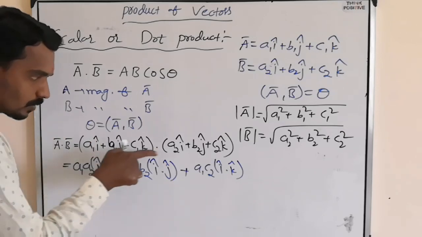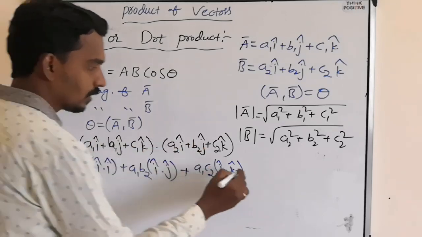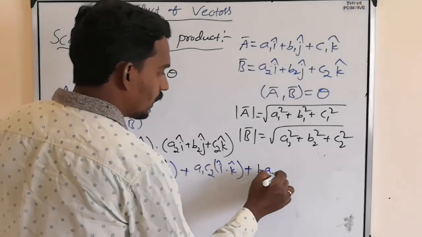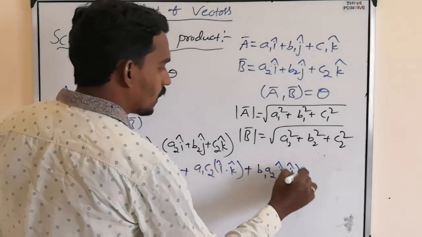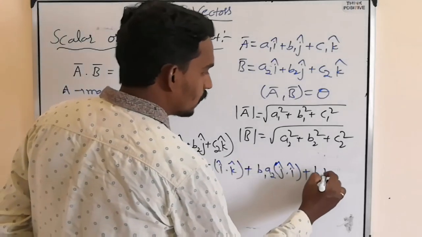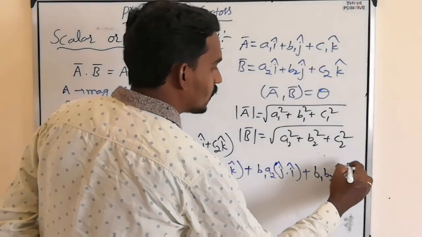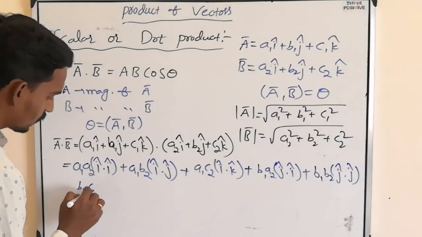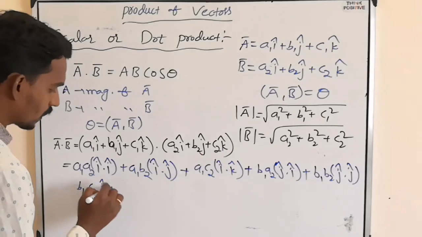Next, this with these three: b1 a2 j dot i plus b1 b2 j dot j plus b1 c2 j dot k.